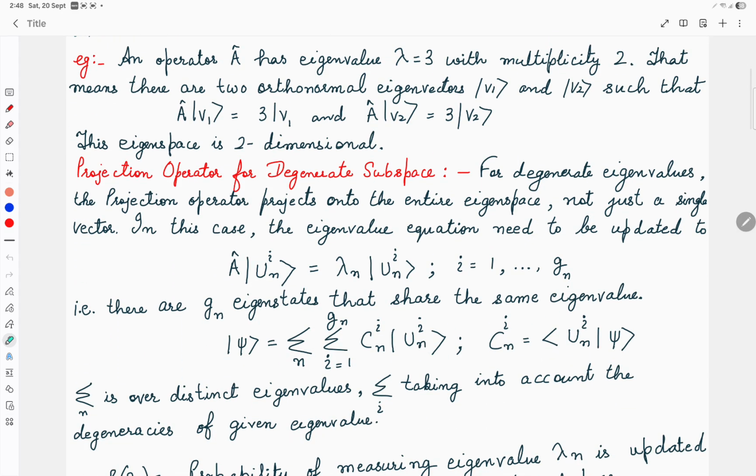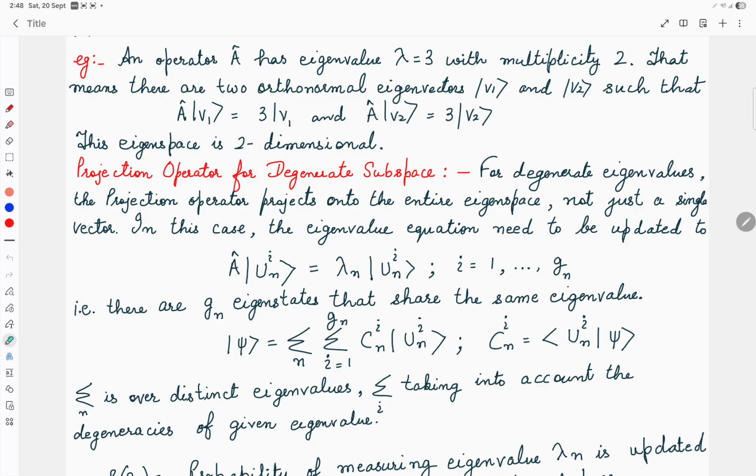Now let us look into the projection operators for the degenerate subspace. For degenerate eigenvalues, the projection operator projects onto the entire eigenspace, not just a single vector. So what happens in the normal case, when there are no degenerate eigenvalues? The projection operator will project onto that particular eigenstate.